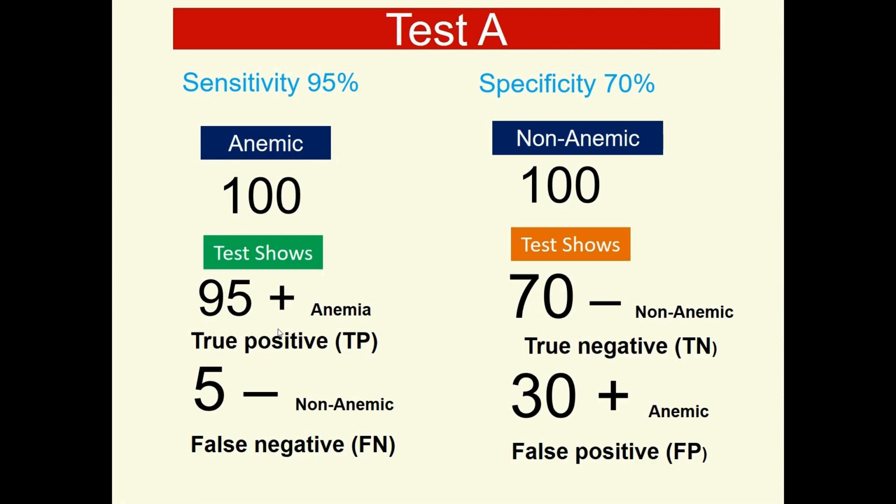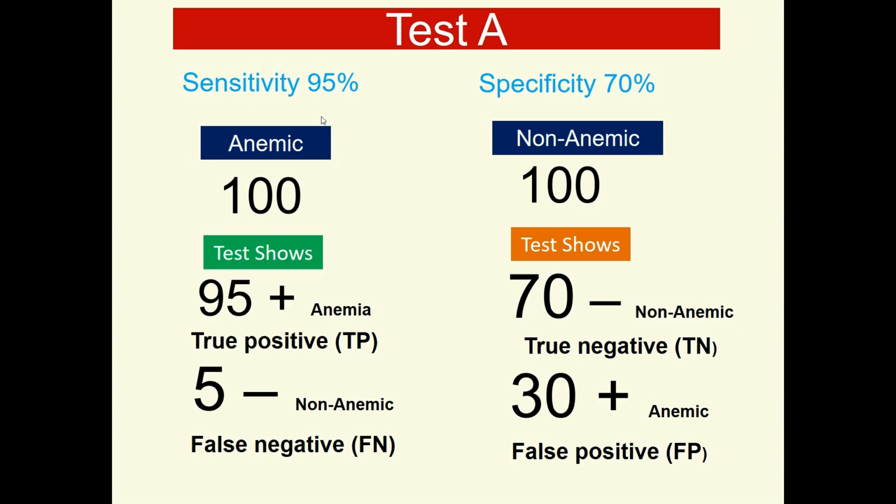Whereas sensitivity is trying to capture as many positives as possible. Sensitivity is like casting a net to maximally capture the candidates who have anemia. So that is what the test for sensitivity does. From this test A, because it has very high sensitivity, that is 95%, what exactly does that mean?